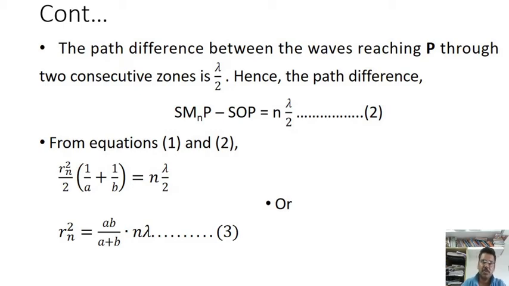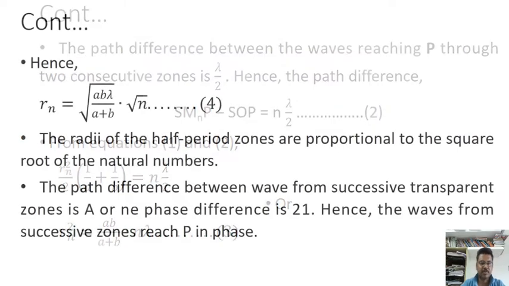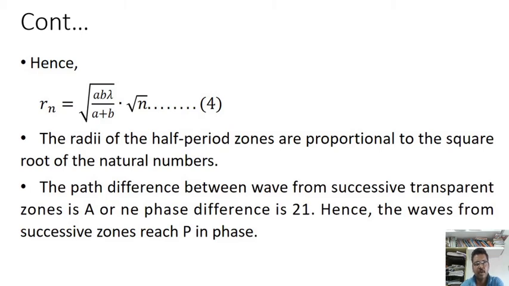From equations 1 and 2, we are getting these values, or we can also write it in the form of equation number 3. So after knowing this, Rn is equal to the square root of (a b lambda divided by a plus b) times the square root of n.